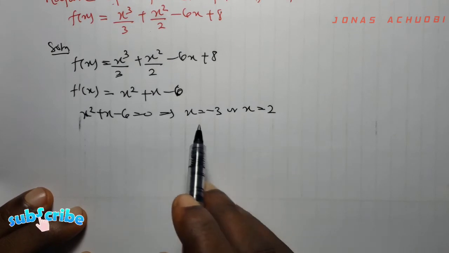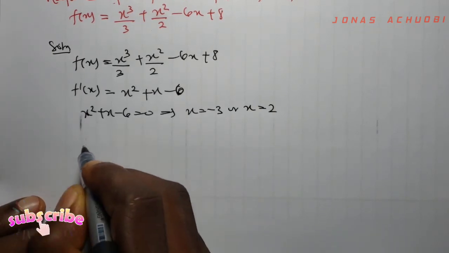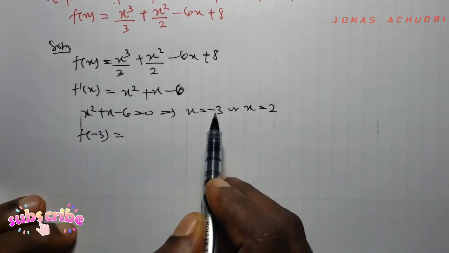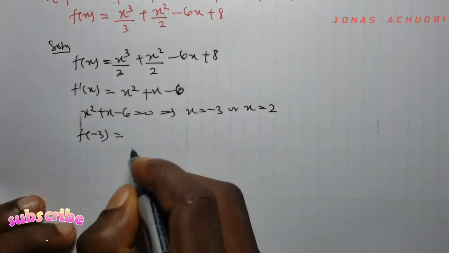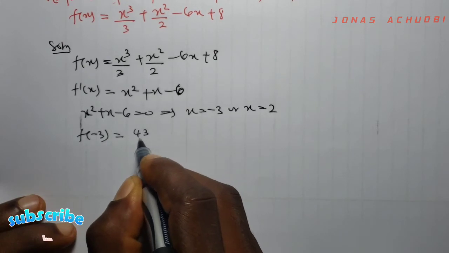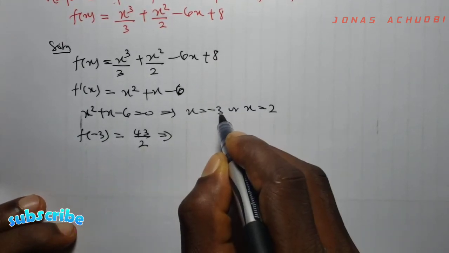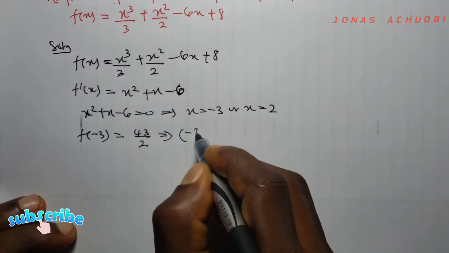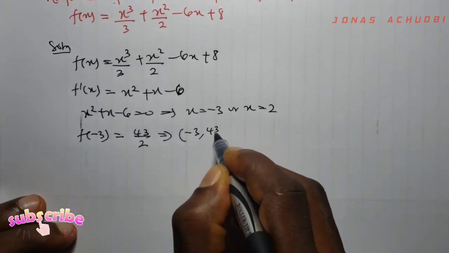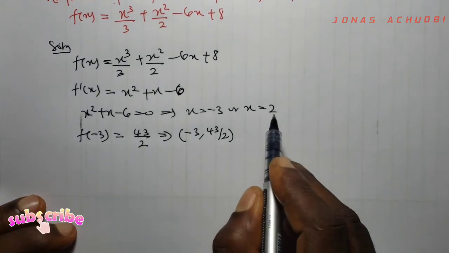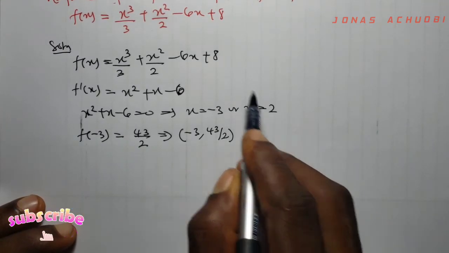So for the first critical value, minus 3, f of minus 3 is equal to, if we substitute minus 3 into the function, what do we get? We get 43 over 2. So the critical point at this value becomes what? Minus 3 and 43 over 2. And to get the critical point at the critical value x equal to 2, we do the same.